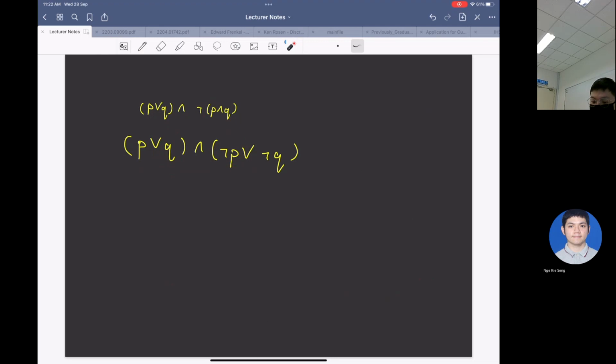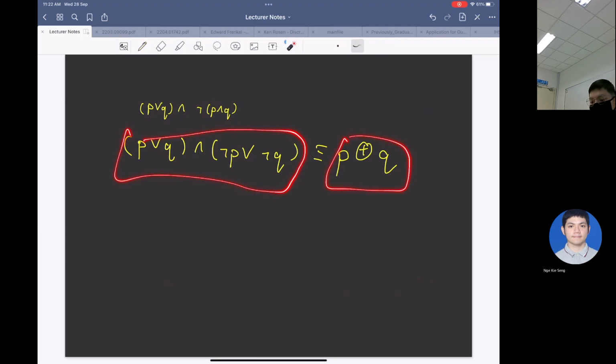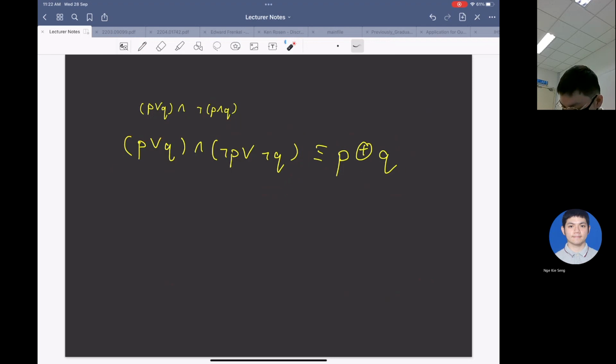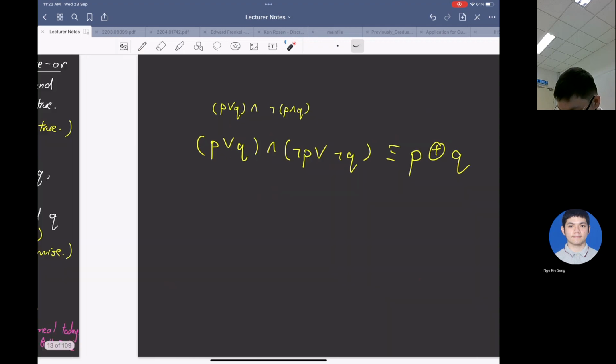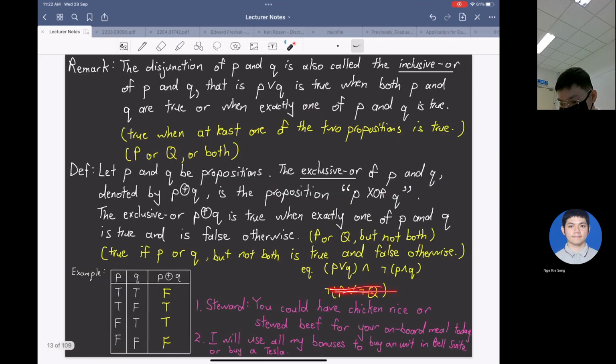So this is another form of P XOR Q: P or Q, and not P or not Q. You can show that these are logically equivalent. I will remove this from the slide now and upload a newer version.